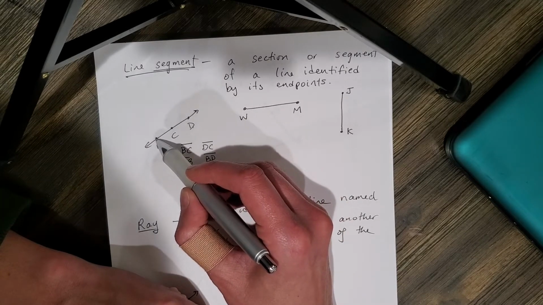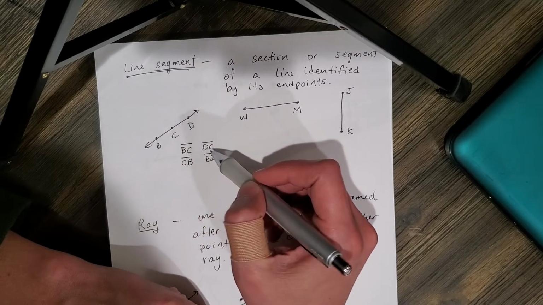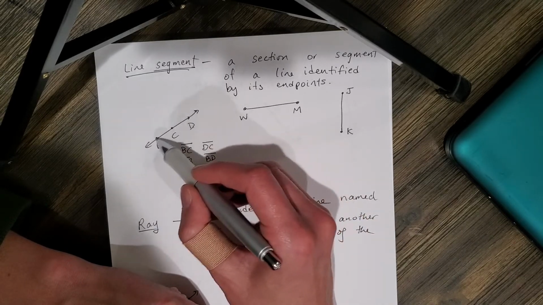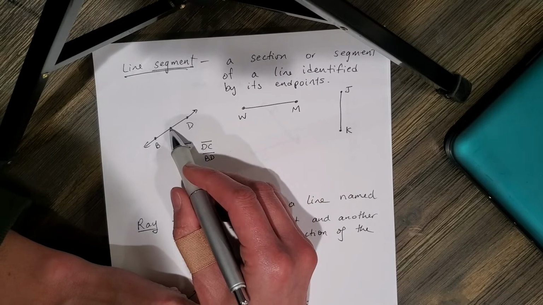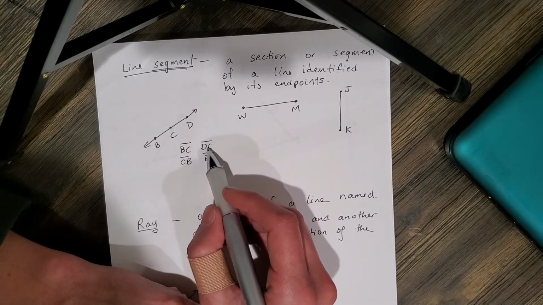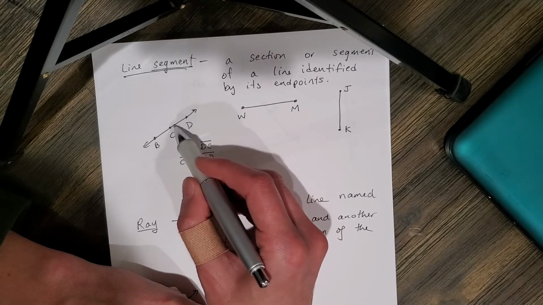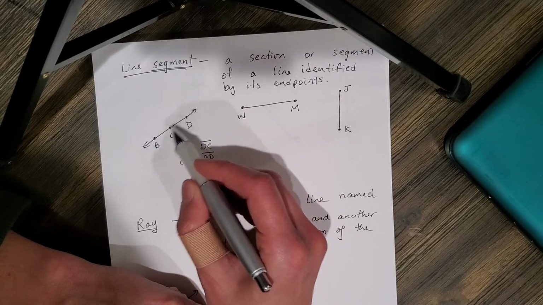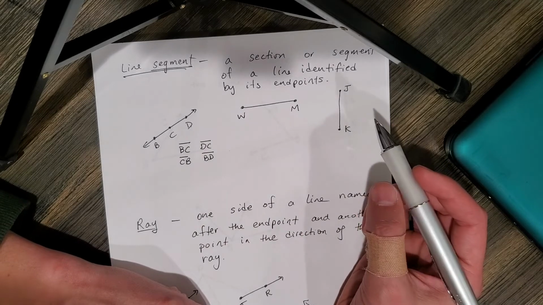So that means I'm talking about from here all the way to here. This line segment is longer than this segment from C to D, which I have here listed as DC. So this line segment is smaller than this segment here from B to D, okay?